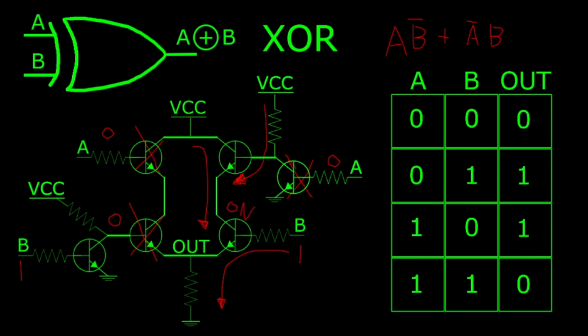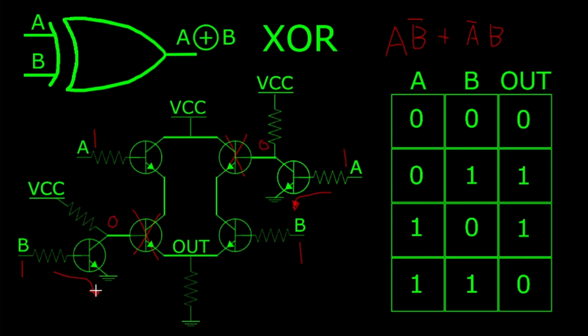And if we make all of our inputs equal to 1, we can say that these two transistors will be off, and this is because of the two NOT gates that we made, which pull the bases of these two transistors to ground. So we know this transistor will be off as well because there is no path out of the emitter to ground because this transistor is open circuit.